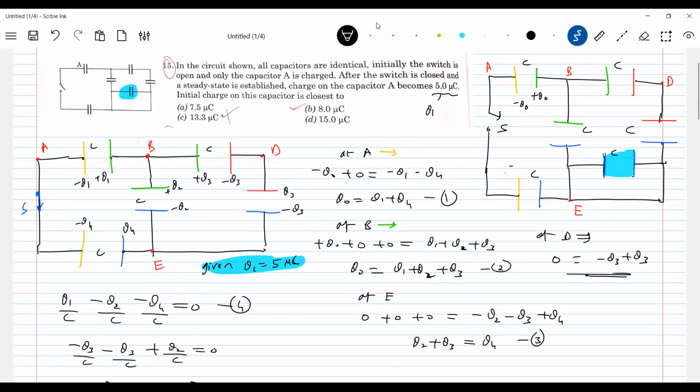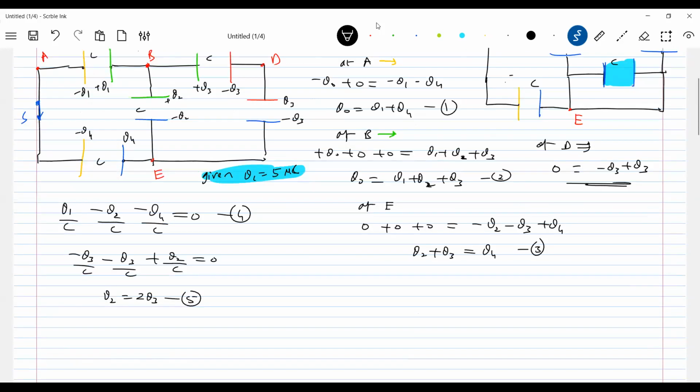So we should get the value of Q naught here. I think these 1, 2, 3, 4, 5 will be sufficient. And Q1 we know, 5 microcoulomb. Solving, we'll get the answer, 8 microcoulombs. So solve it later on. There's no problem with the data. Everything is fine, I checked it.